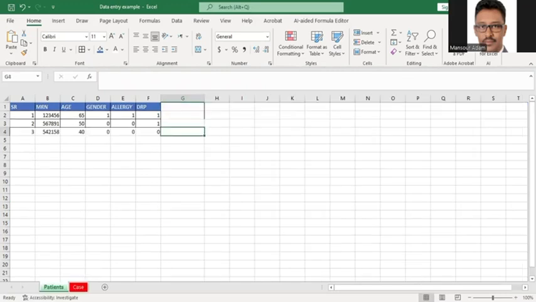So this patient will only be in the patient sheet.